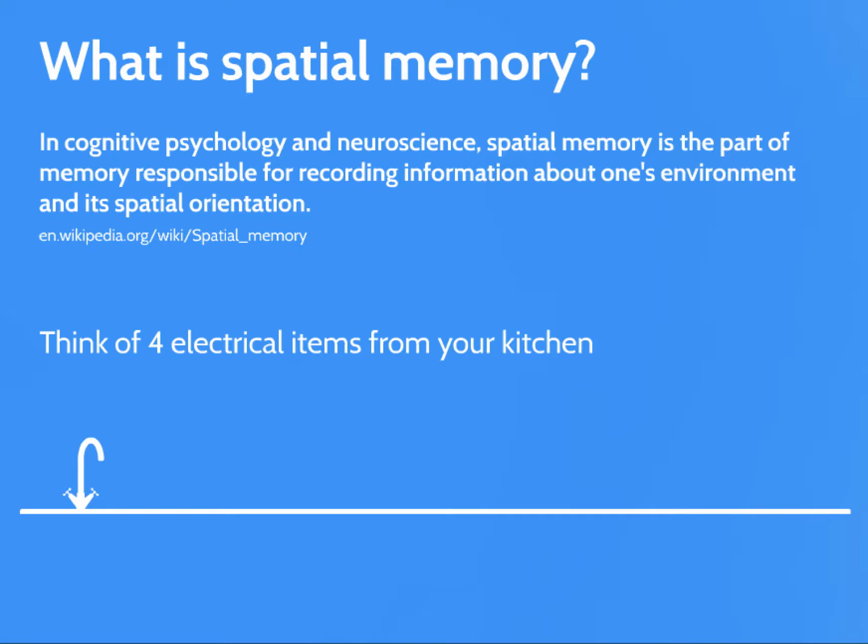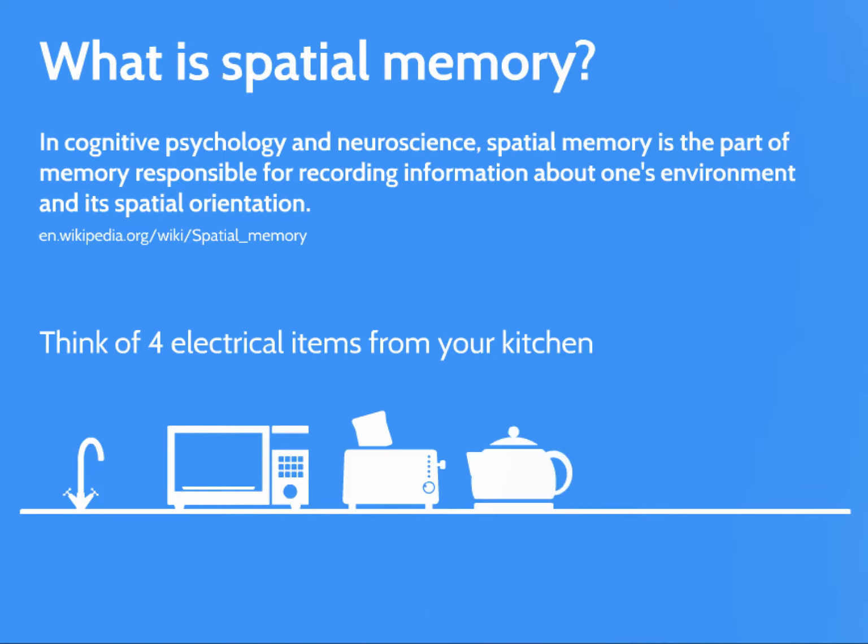What actually happened is you saw an image of your kitchen, and you then saw where those electrical items were placed. So whether it's your microwave, toaster, kettle, whatever it may be, you will have actually seen those in a visual inside your heads without forcing that visual or actually consciously having to create it in your mind's eye. It was just there for you instantly. That's spatial memory in action, and that's what it's for.